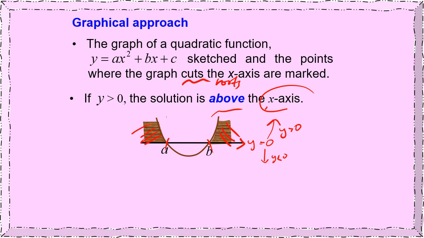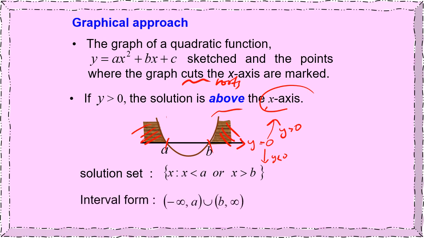That's why we need to sketch. It's not exactly at a and b. The solution set is x such that x is less than a or x is more than b. In interval form, it will be from negative infinity up to a, union with b to infinity.